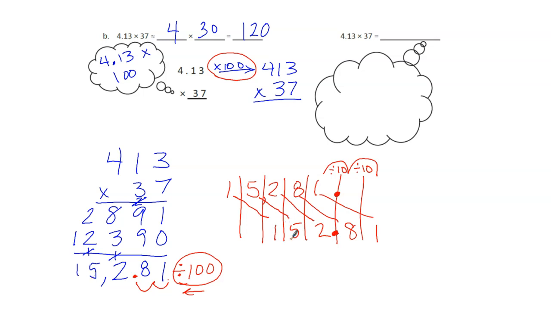So this is how I know it's also around 120. This is how I know my answer is correct. And also, now I divided by 100. The final product was divided by 100 here, so I say 15,281 divided by 100 equals, I'm just going to put an arrow up there.